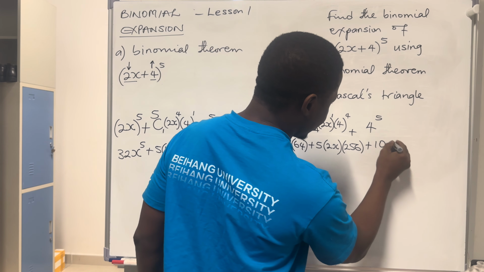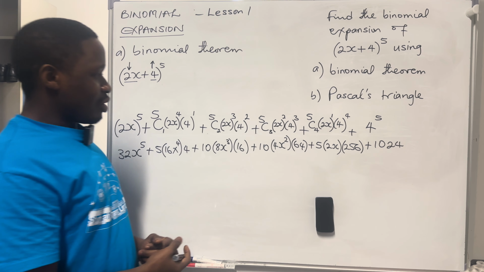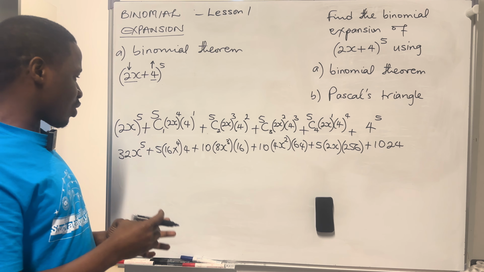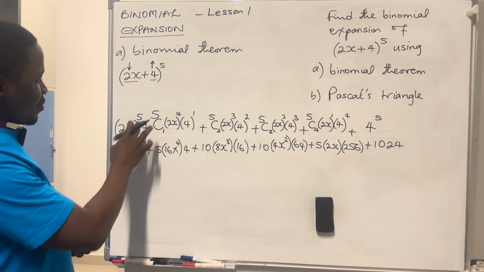But suppose at the moment you don't have a scientific calculator, but you want to know why 5 combination 1 is 5. Well, the formula is here. N combination R is n factorial over n minus R factorial times R factorial. That is where I will have to go to after the factorials.